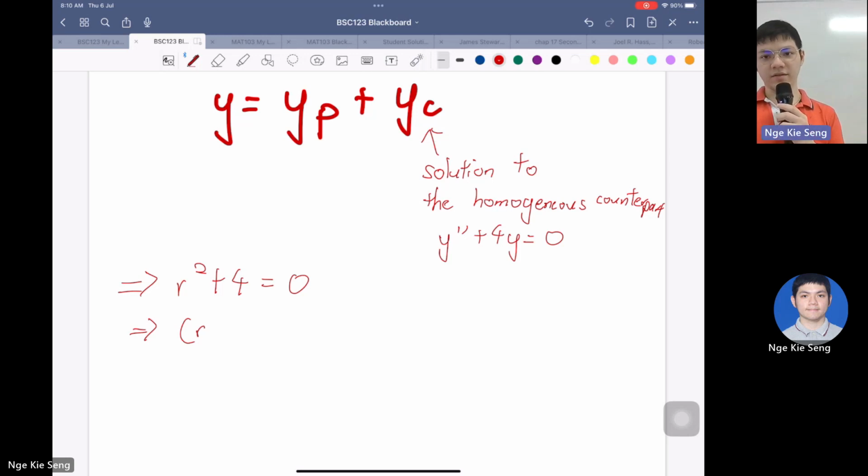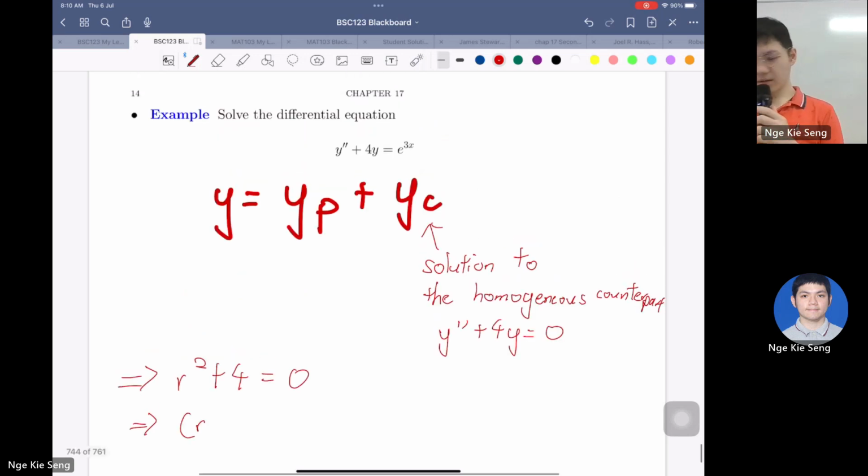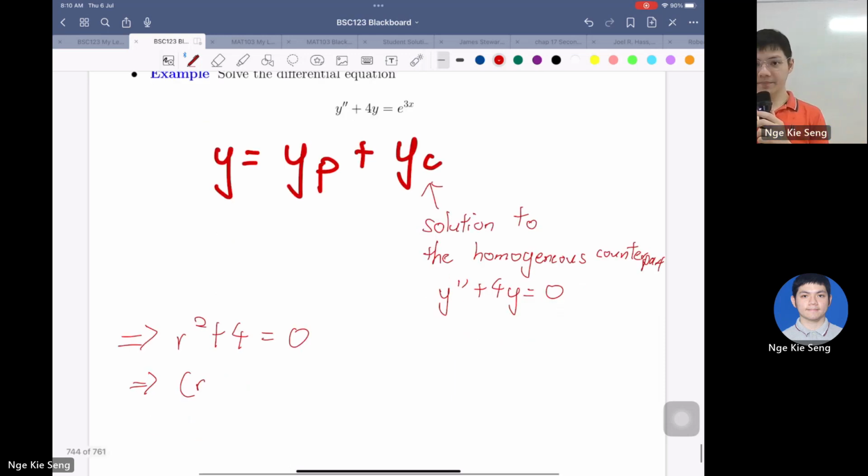What root is this? Here, b squared minus 4ac is 0 minus 4ac, which is minus 16.